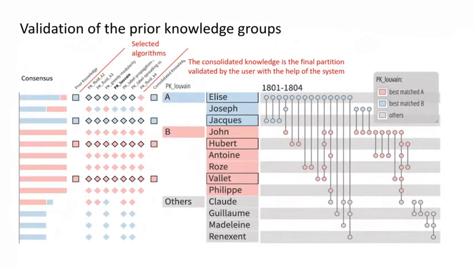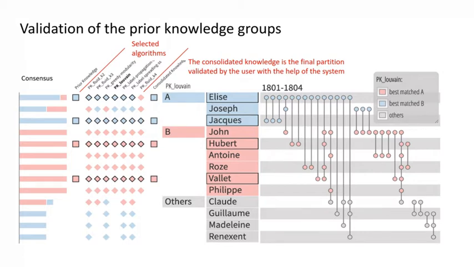So the second phase of the process is in another view. We show the graph again, and we also show the results of the algorithms on the left. At the far left, we have the consensus. It shows at which point the algorithms agree on each person, so on each row.